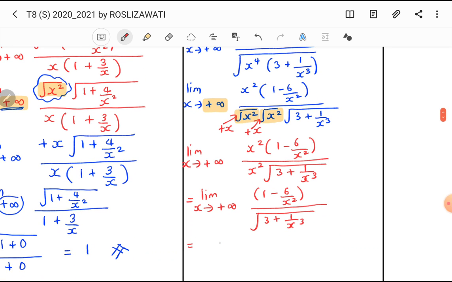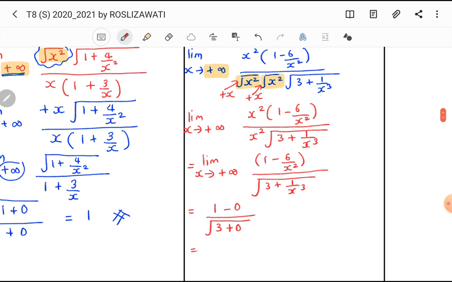Equal to 1 minus 0 over square root of 3 plus 0. Okay, equal to 1 over square root of 3. Ataupun sama je dengan square root of 3 over 3. Okey, dah siap.